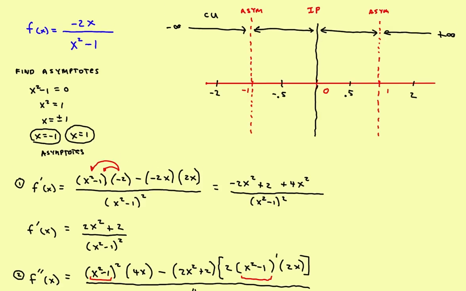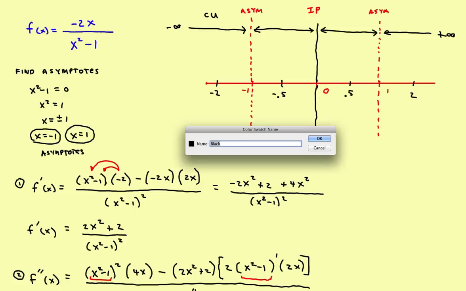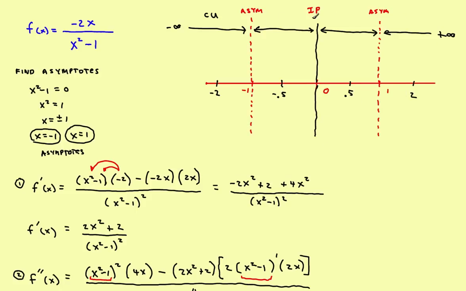So on the original graph, it is concave up in the first interval, it's concave down in the second interval, it's concave up in the third interval, and finally it's concave down in this last interval. So what that's going to look like, if you put it all together, would be the following. It has to do this.